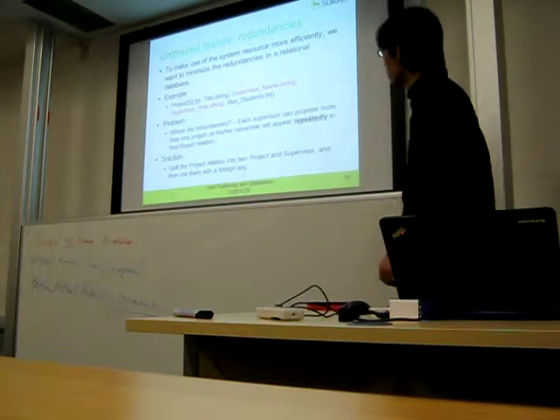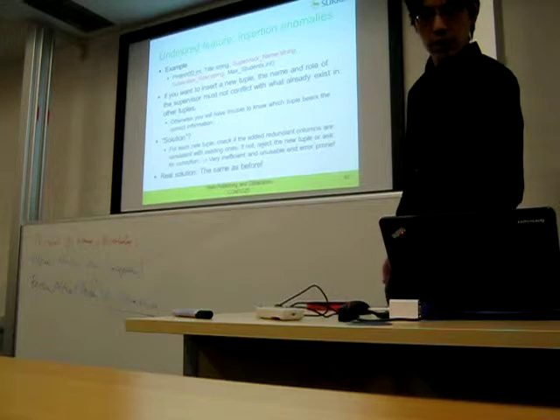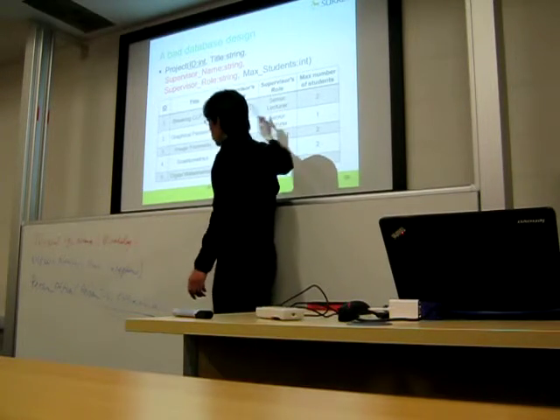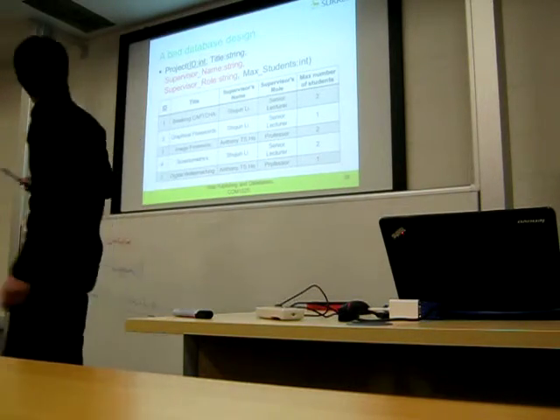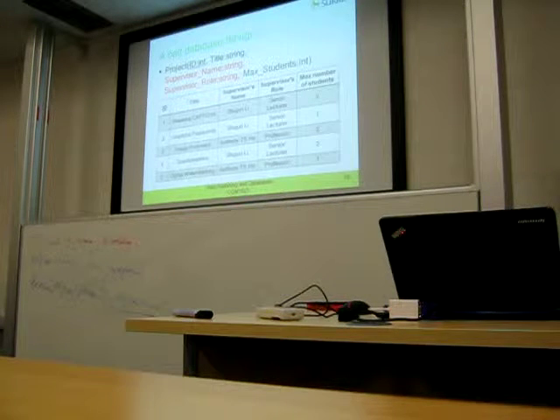So the solution is very simple. Split it into two tables: supervisor as one table and project as another table, with a foreign key, only the supervisor ID, pointing to the supervisor table. So you save some space.